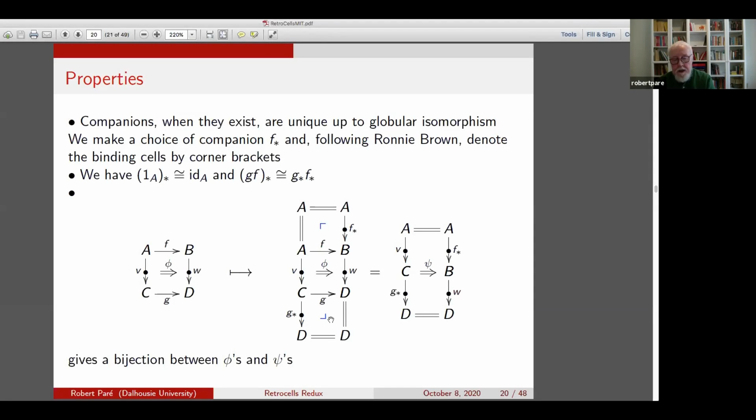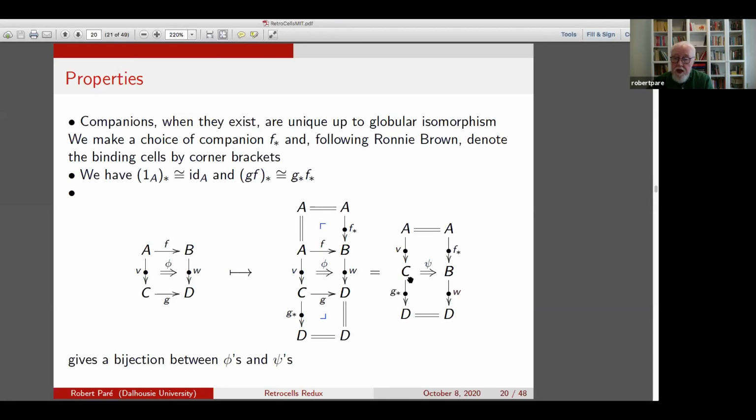Now, this is sort of important here: given just a general cell here, phi, with this boundary, you can flip the F up and the G down. Okay, so you can put F star here and G star there. And here you put in these binding cells.